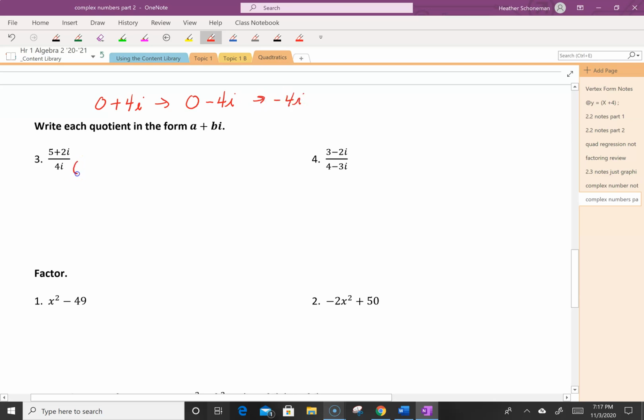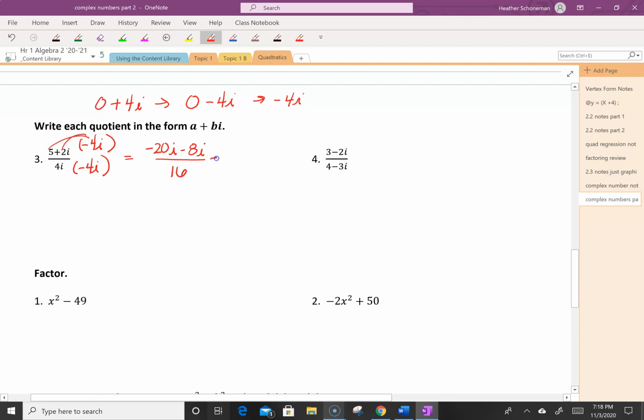So to make this work, we're going to multiply the top and the bottom by negative 4i. So on the top, 5 times negative 4i is negative 20i. 2i times negative 4i is negative 8i. And on the bottom, negative 4 times 4 is negative 16 times i squared, which is negative 1. So negative 16 times negative 1 is positive 16.